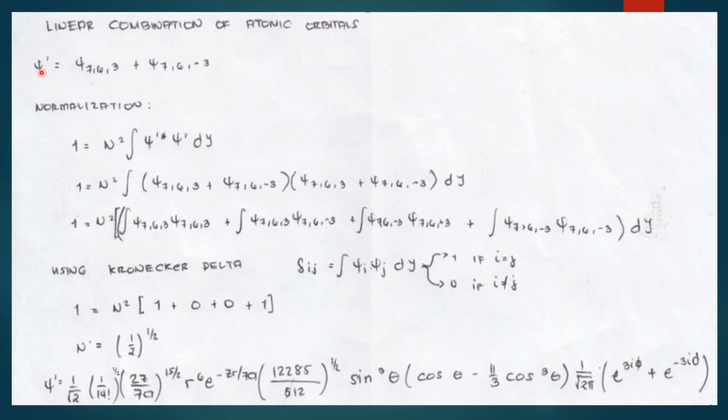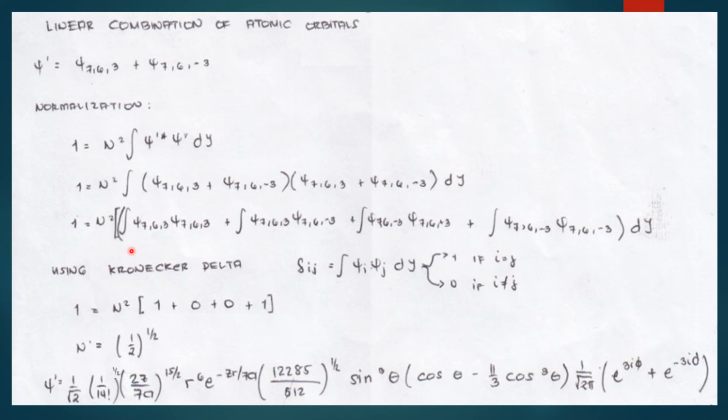Normalization of psi prime will give us 1 is equal to n squared integral of psi prime conjugate times psi prime d tau. 1 is equal to n squared integral of parenthesis psi 7 6 3 plus psi 7 6 negative 3 closing parenthesis times parenthesis psi 7 6 3 plus psi 7 6 negative 3 closing parenthesis d tau.